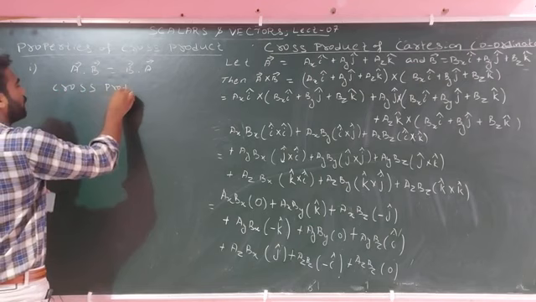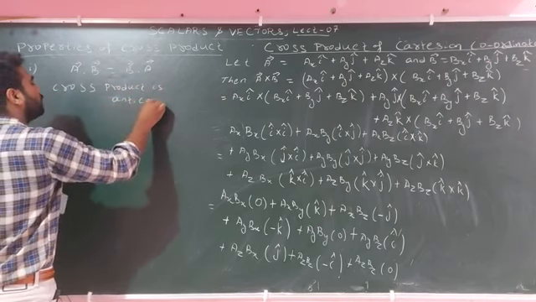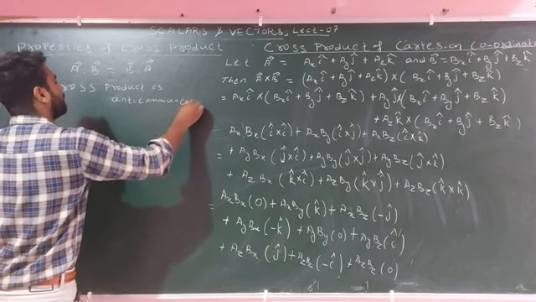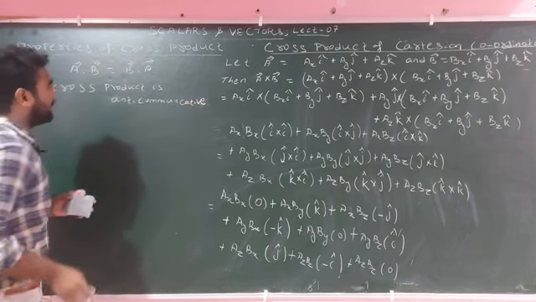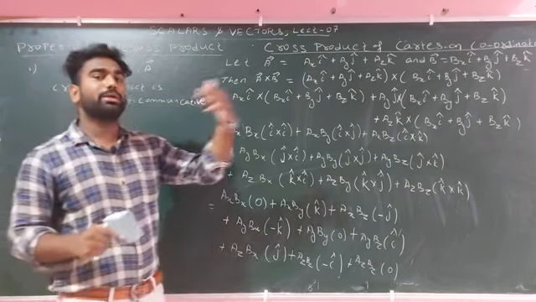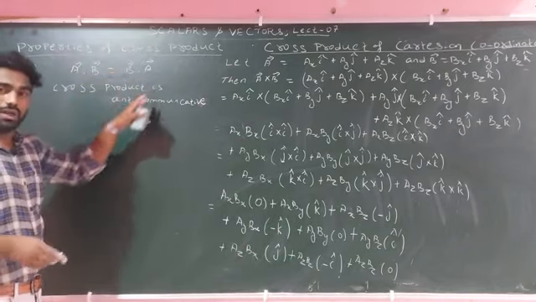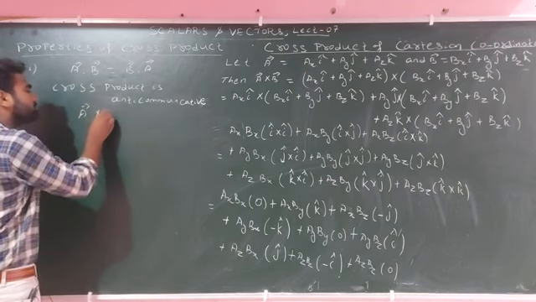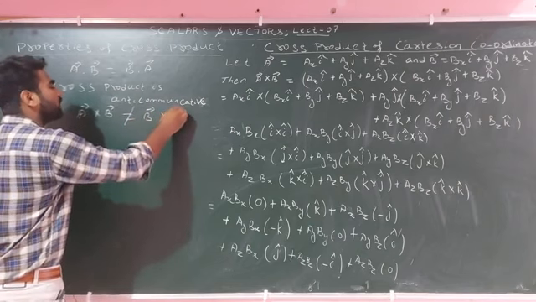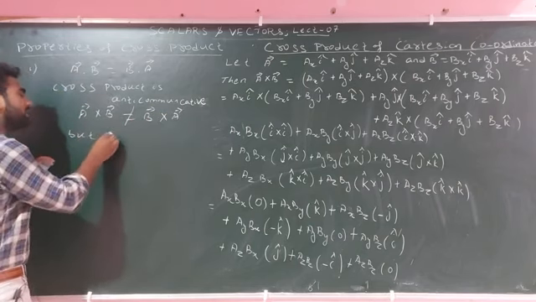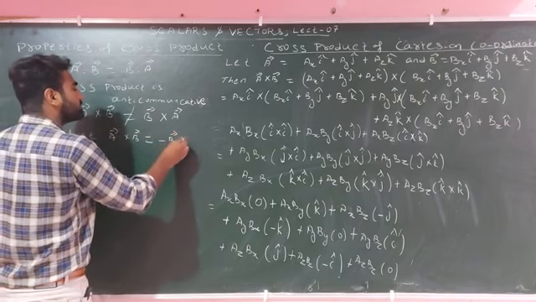Commutative means क्रम विनिमय नियम, that is, A dot B equals B dot A. Unlike that, A cross B vector is not equal to B cross A vector, but A cross B equals minus B cross A.